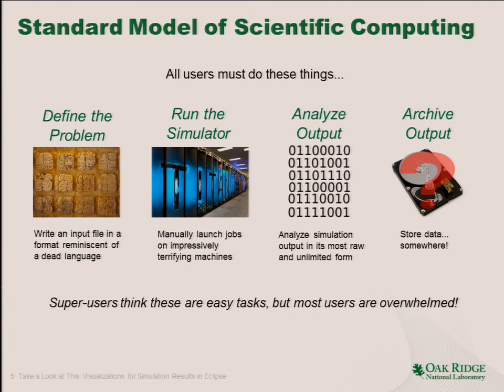I explained the name, but now what does it actually do? ICE was created to serve what we have termed the standard model of scientific computing. And all problems in scientific computing, we say, require the user to complete 4 tasks. First, the user has to define their input and define their problem. Oftentimes, this requires the user to create a file or collection of files that can be cryptic in nature, not well understood by a lot of people.